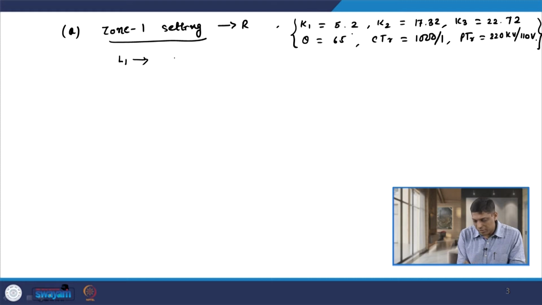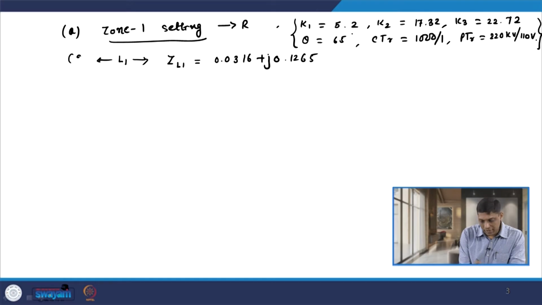So let us determine the impedance of line L1, let us call it ZL1. Its impedance is given as 0.0316 plus j0.1265 ohm per kilometer, and the length of line L1 is also given, which is 95 kilometer. So with these values let us find the whole impedance of the transmission line.